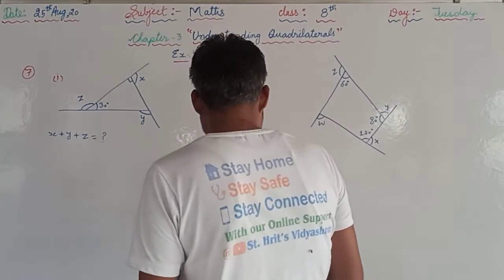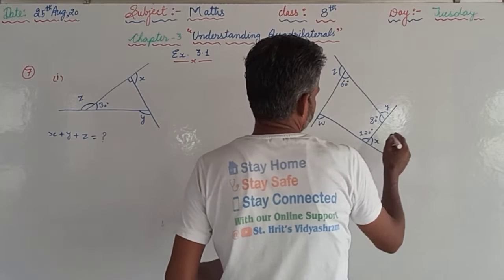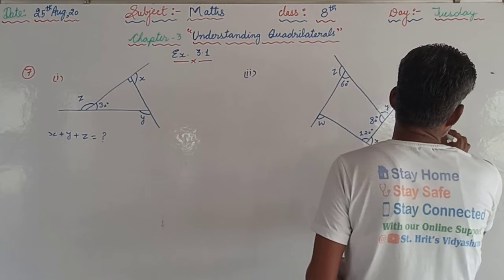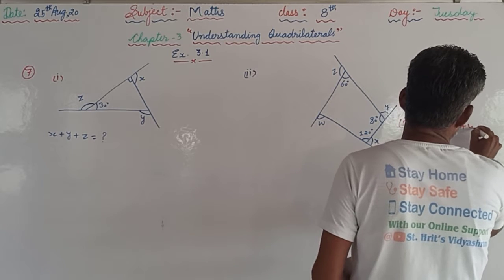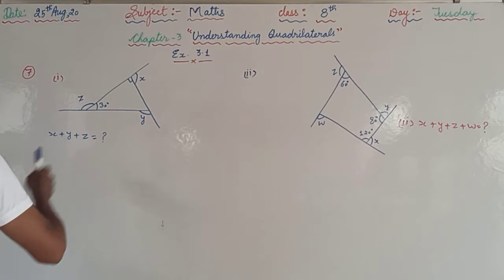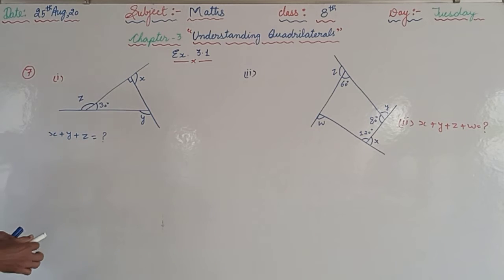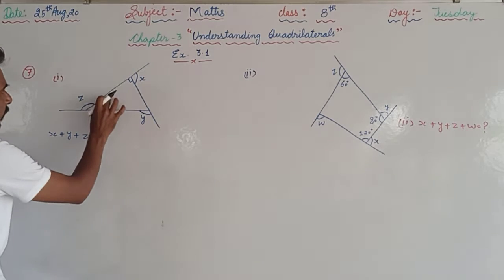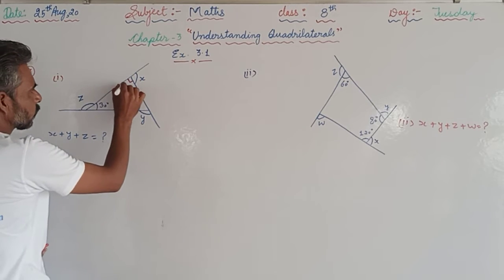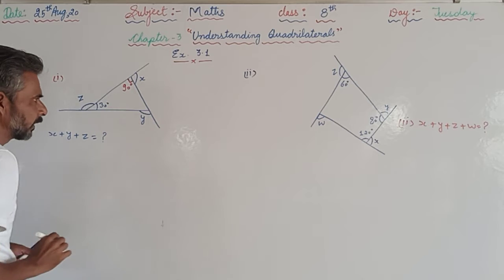In this, two diagrams are given and two questions are given. Here this kind of diagram is there. So this is 30 degree, and here the square this is like that, so that will be 90 degree.